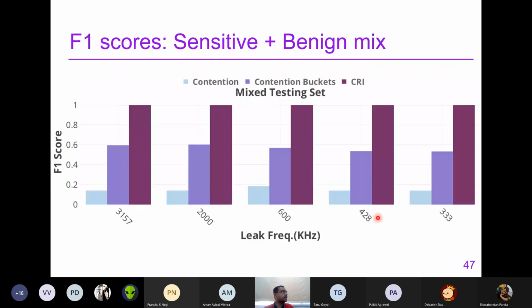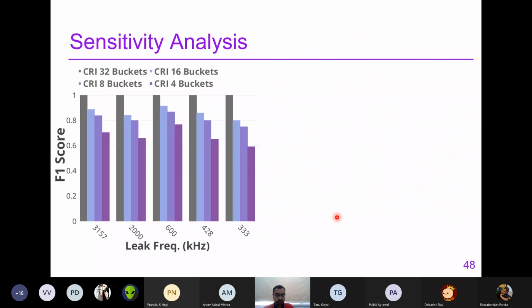Finally, they take a mix of both harmful and harmless applications and plot the same F1 score, and the gap between the other methods and Cyclone is pretty high.